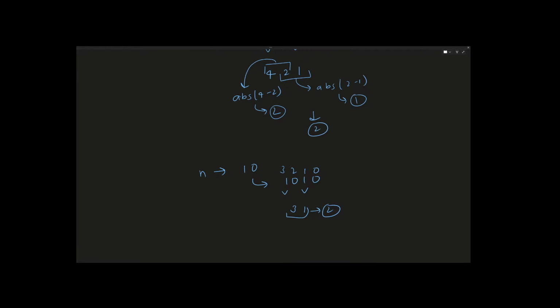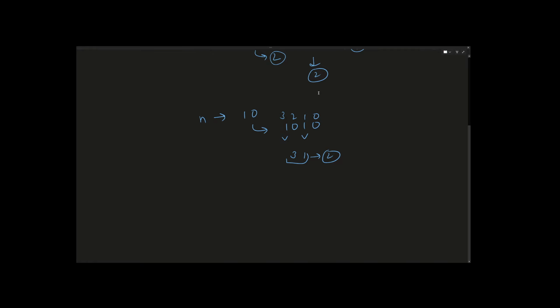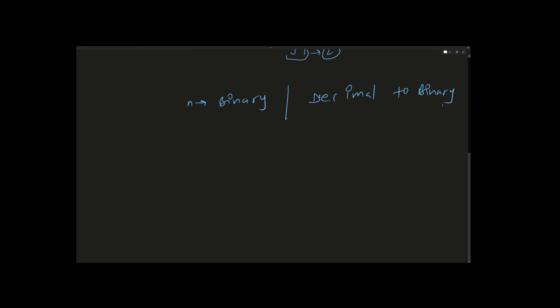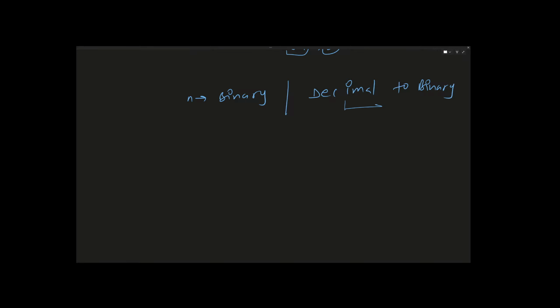For that, you will first have to convert n into binary form, which is decimal to binary. And you know the technique of how to convert decimal to binary.